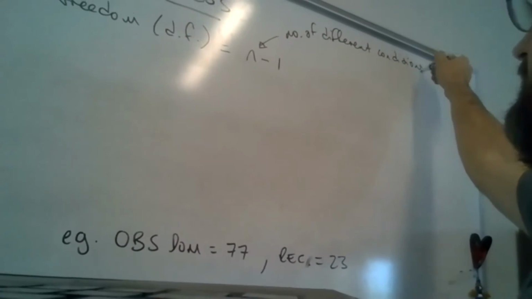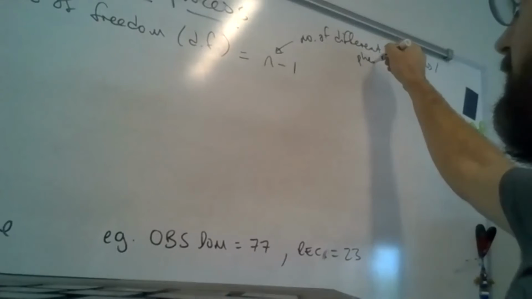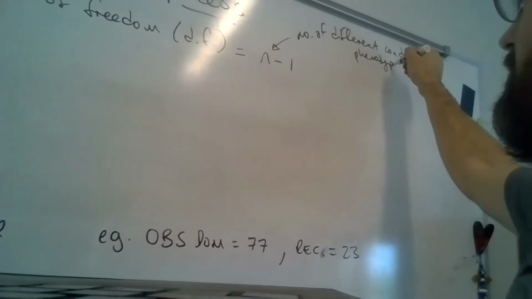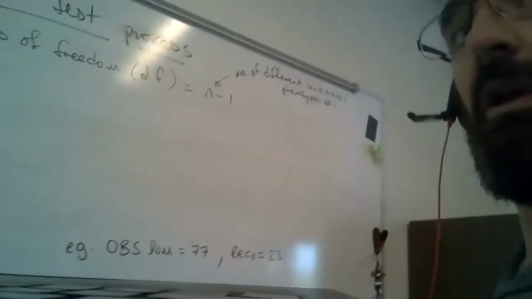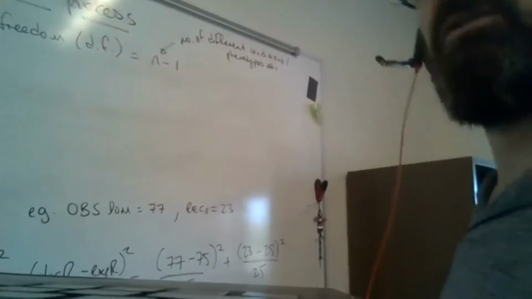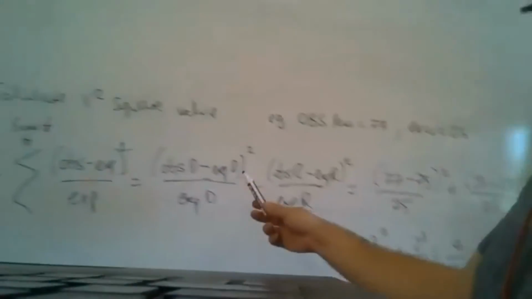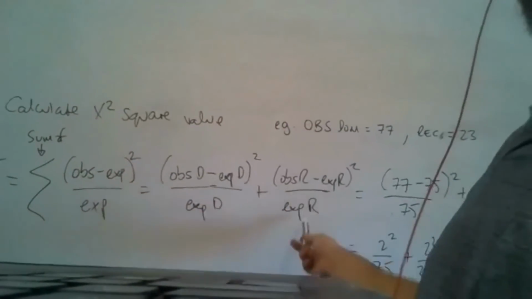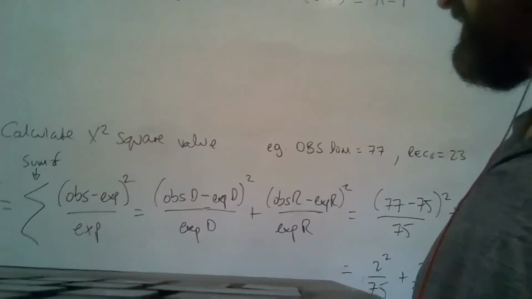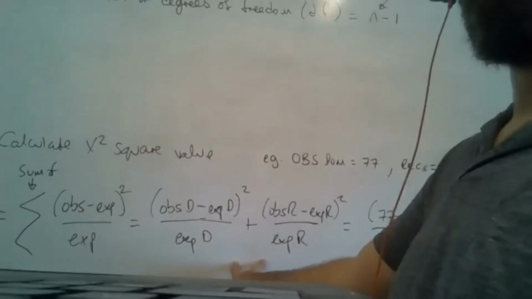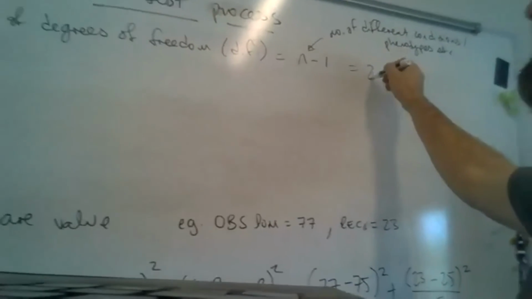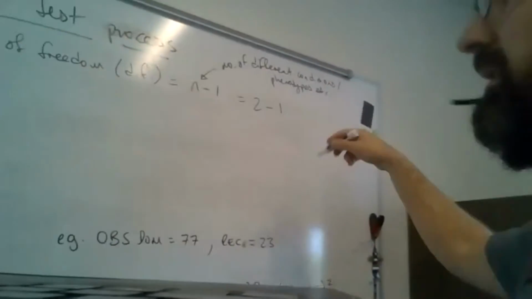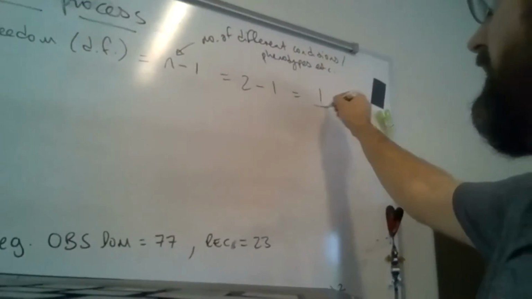Conditions, phenotypes, etc. Or, another way of doing it is the number of calculations you carry out. So here we're carrying out 2 calculations because we have 2 phenotypes. So our degrees of freedom is 2 minus 1 equals 1.